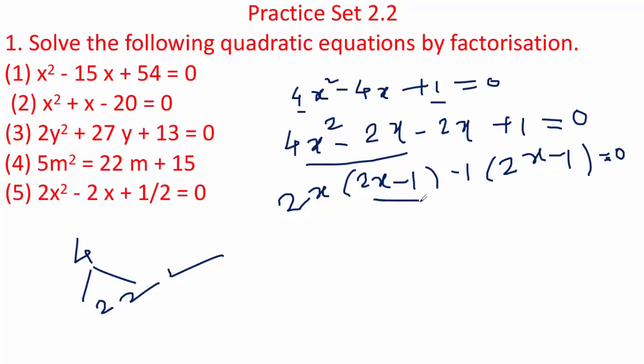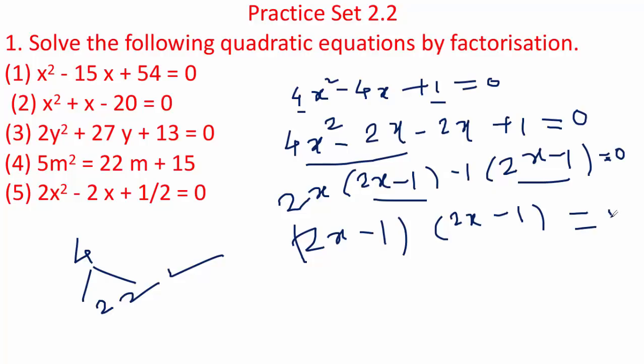This factor is common. Therefore, I shall write 2x minus 1 and there remains 2x minus 1 equal to 0. That's why 2x minus 1 equal to 0.